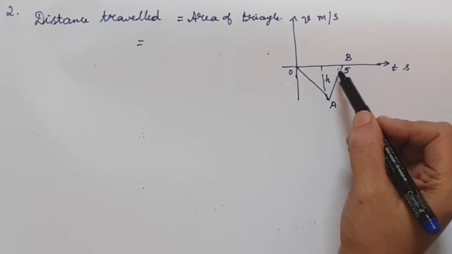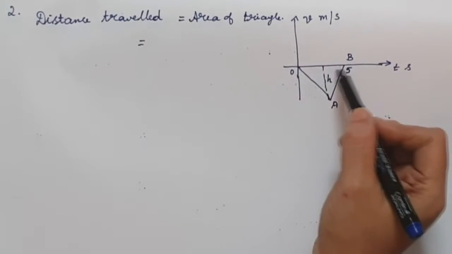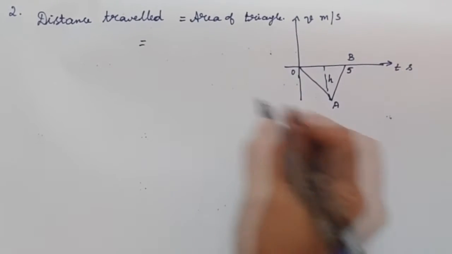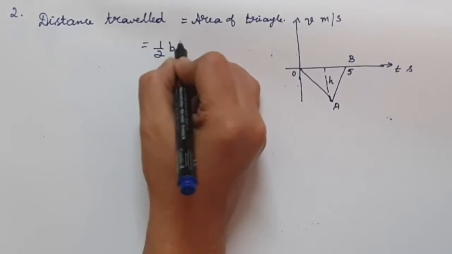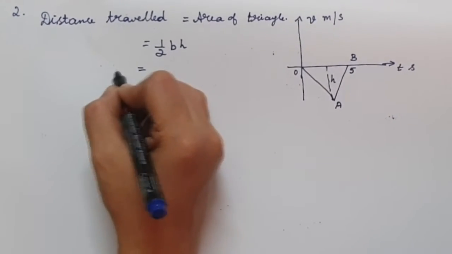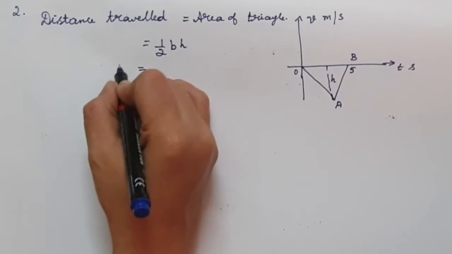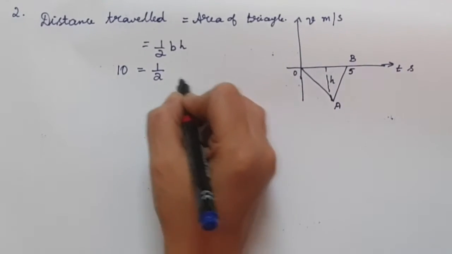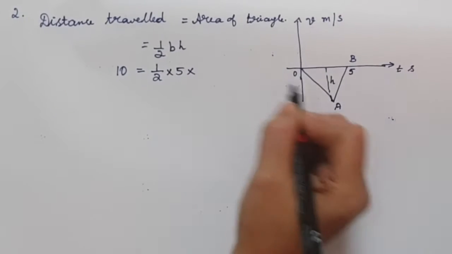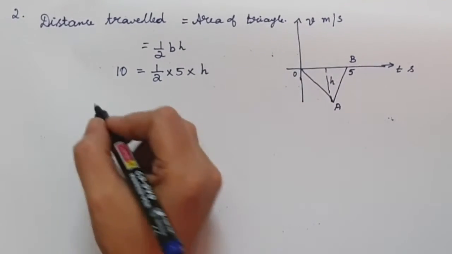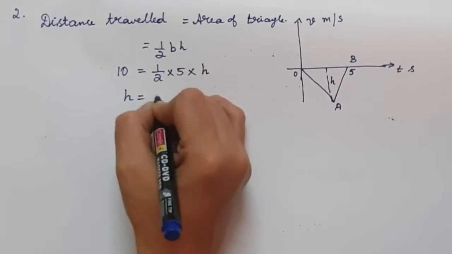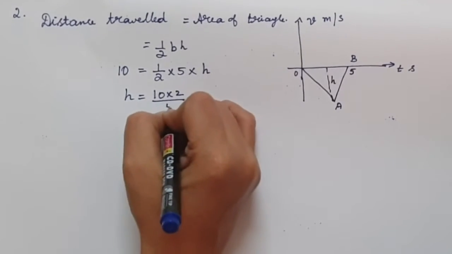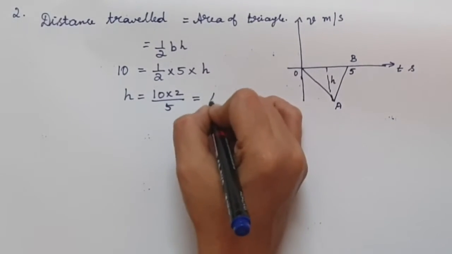Now this is the first part of the question. The distance traveled will be the area of the triangle, that is half into base into height. The total distance given is 10, which equals half into the base of 5 and the height, which we need to calculate. So h will be equal to 10 into 2 over 5, that will be equal to 4.